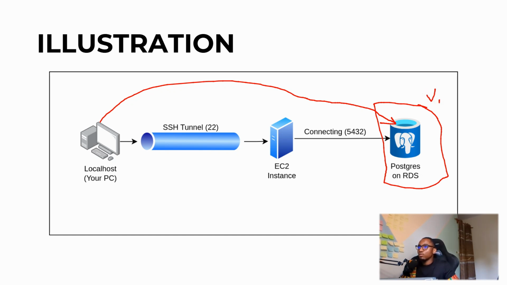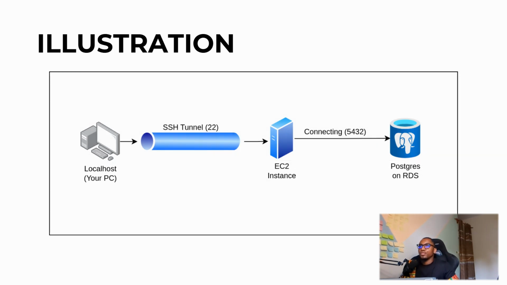It's also bound by a VPC, and the VPC has a set of security rules which we can't break that easily. Let me wipe this. So with SSH tunneling, we'll create an SSH connection which will pass through our Amazon EC2 instance and connect to our Postgres database to have a view of our database or perform whatever action we want to perform there.